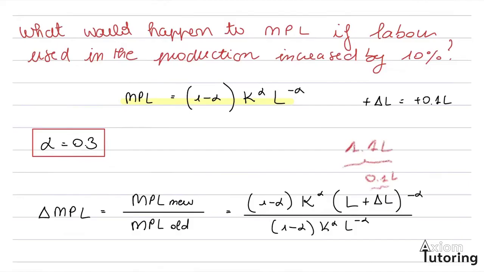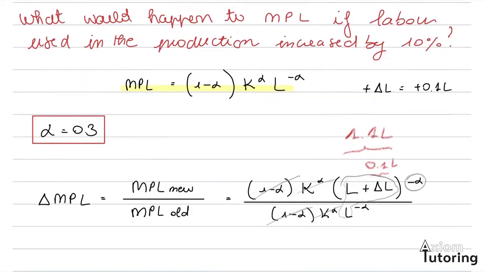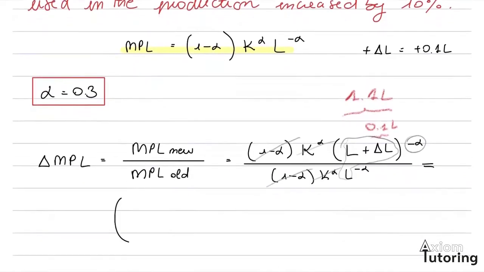And if we simplify other factors in our equation, the 1 minus alpha cancels out, K to the power of alpha cancels out as well. And we know that we can rewrite all of this according to the laws of indices in a single parenthesis with the power of minus alpha. So let's do that. We are going to obtain 1.1 L over L, to the power of minus alpha. And again, we're going to simplify out the L's. And we know that alpha is equal to 0.3.